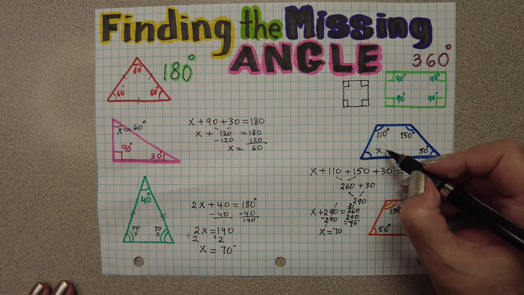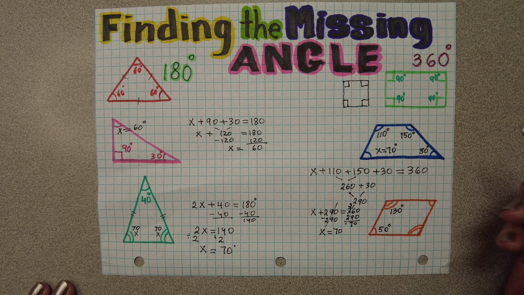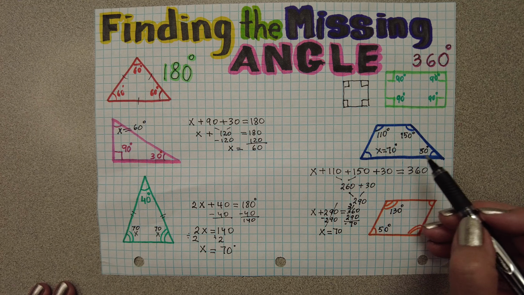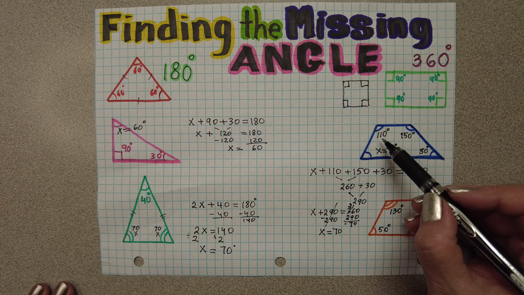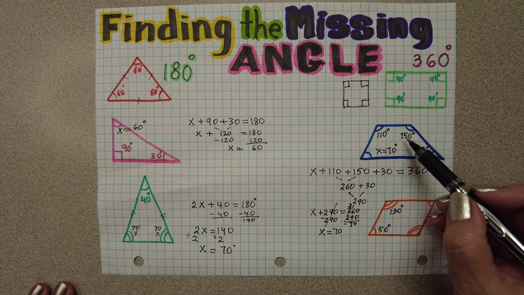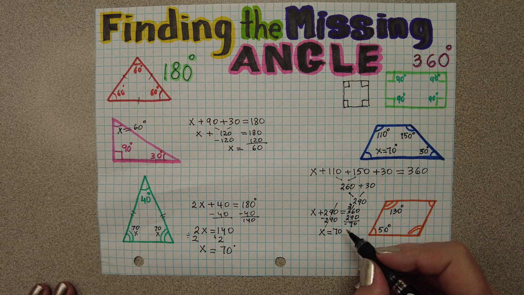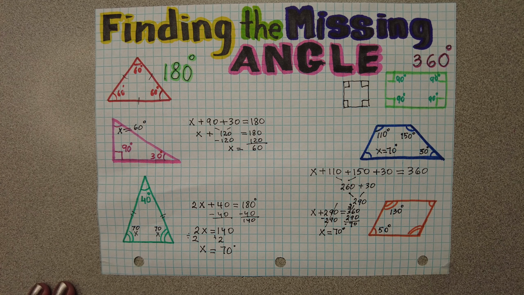So this missing angle equals 70 degrees. We can check. 70 plus 30 is 100, plus 110 is 210, plus 150 will be 360. So our missing angle was 70 degrees.